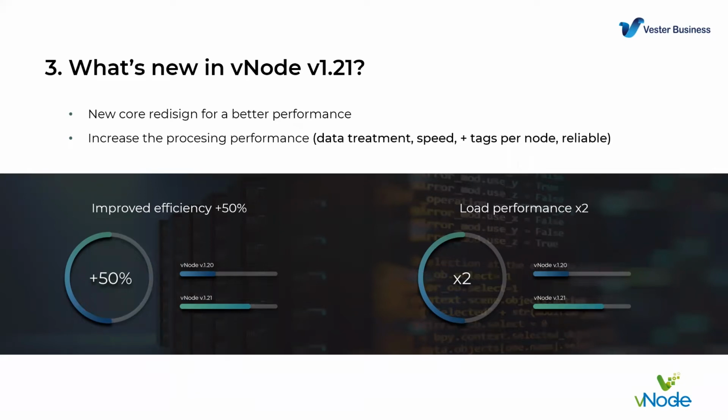Based on the new core redesign, it will process incoming and outgoing data better and faster, allowing users to level up the performance and efficiency by more than 50% compared to the older versions. In this case, vNode will provide the full capabilities to perform tasks thanks to its wonderful calculation engine and data treatment, increasing the processing speed due to multiple updates to its own DNA, actually.